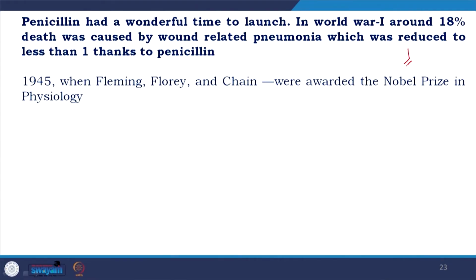You already understand why Fleming: because he invented penicillin. Why Florey and Chain? Because they were at the University of Oxford. They had done the actual molecular level research and come up with the structure, the typical beta lactam ring, and all those molecular characterizations were performed by them. So, these three got the Nobel Prize, no problem.